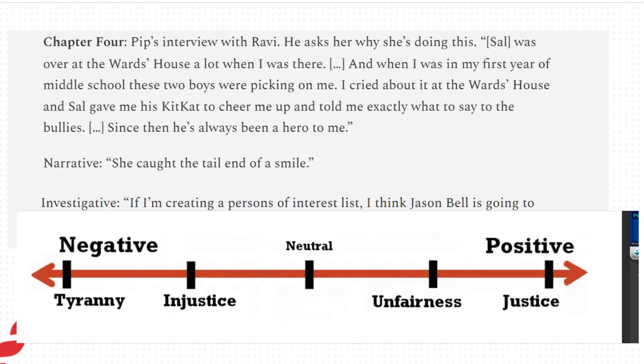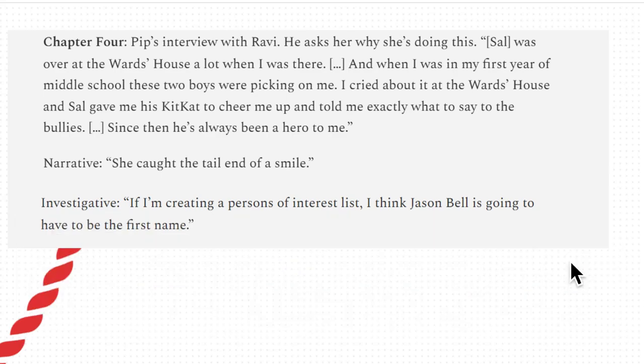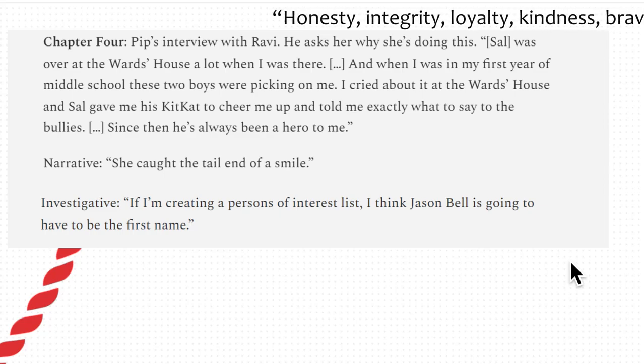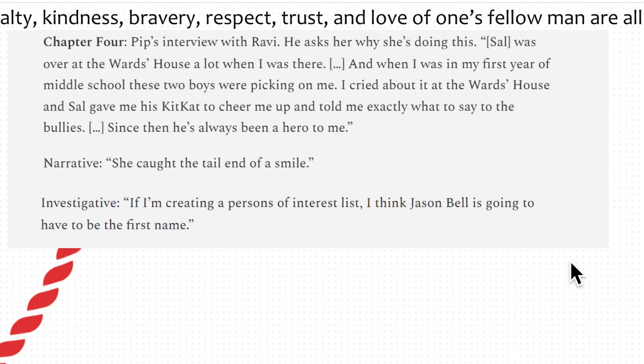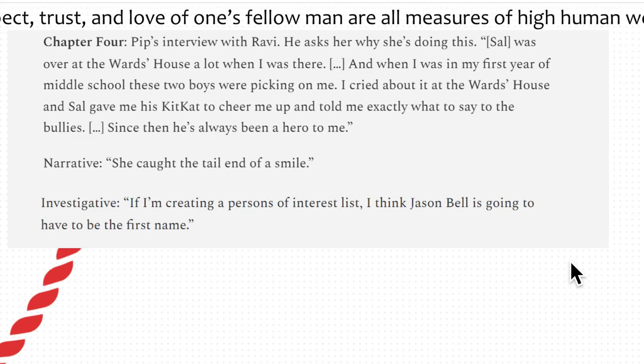So here, throughout this first few chapters, we're really establishing that we're in a state of injustice, that justice has not been served. From Writing the Breakout Novel by Donald Maass, he says, honesty, integrity, loyalty, kindness, bravery, respect, trust, and love of one's fellow man are all measures of high human worth.